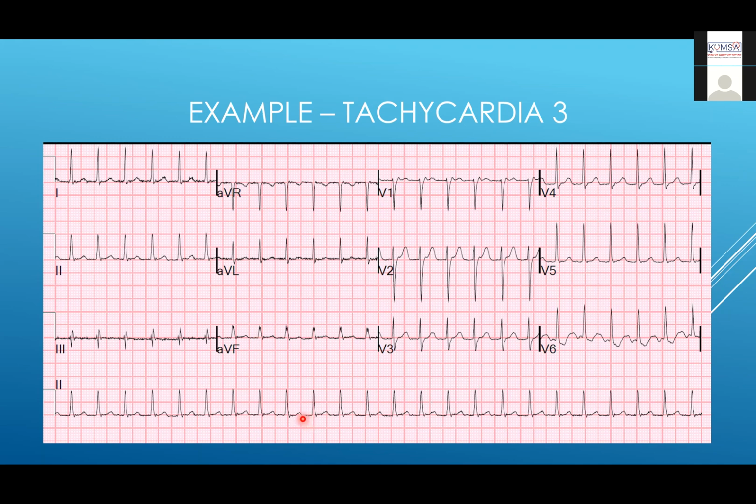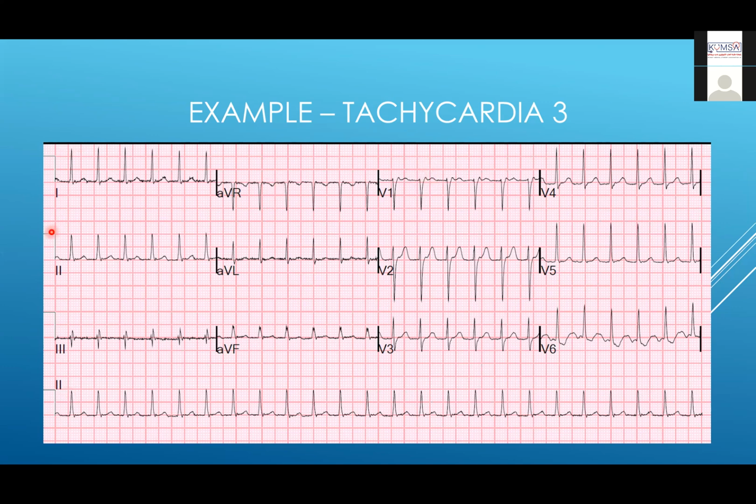I can't see P waves here. I see a T wave, but there are P waves hidden right after the QRS. What's happening is that the atrioventricular node is firing retrogradely onto the sinoatrial node. So you get that little bump there, that's a P wave.